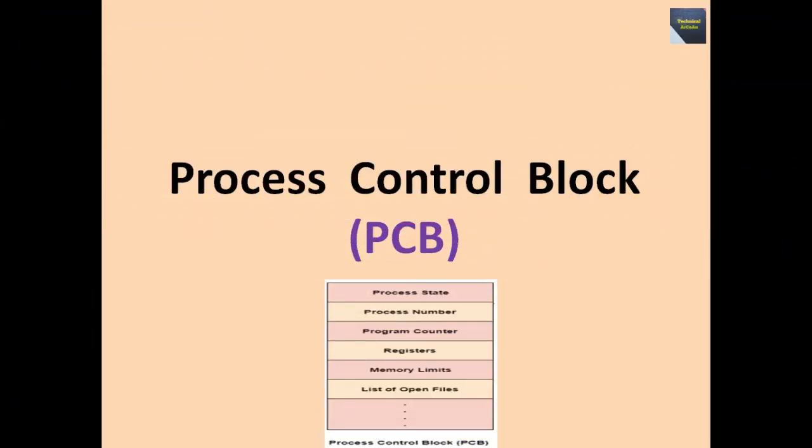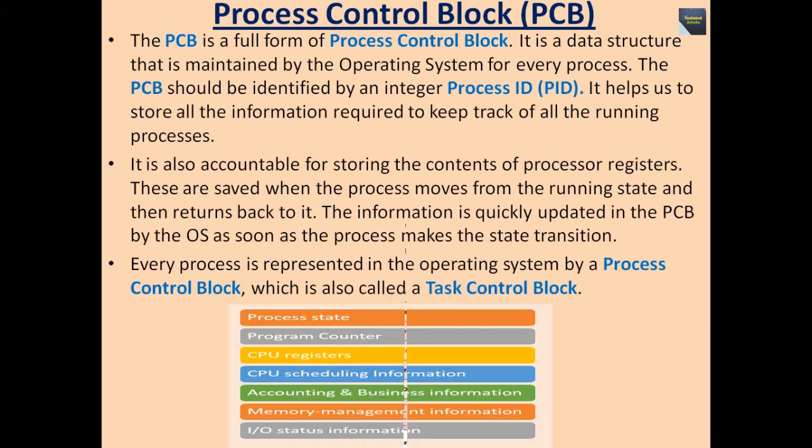Today I will discuss process control block, also known as PCB, right? So what is PCB? PCB is the full form of process control block. It is a data structure that is maintained by the operating system for every process, okay? The PCB is identified by an integer process ID, also known as PID.